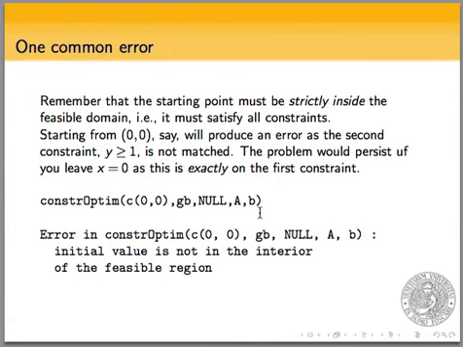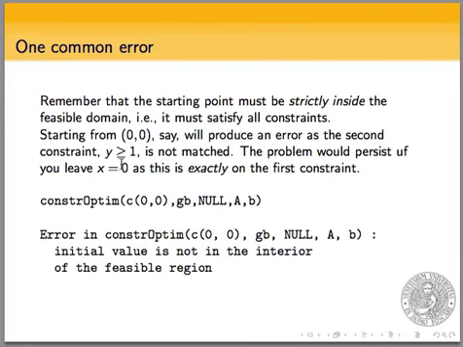One final comment is related to a common error. I was telling that a few times, but it is strictly required that the starting point is strictly inside the feasible domain. This means that it must satisfy all constraints, and moreover, the initial starting point should not be exactly on one of the constraints.